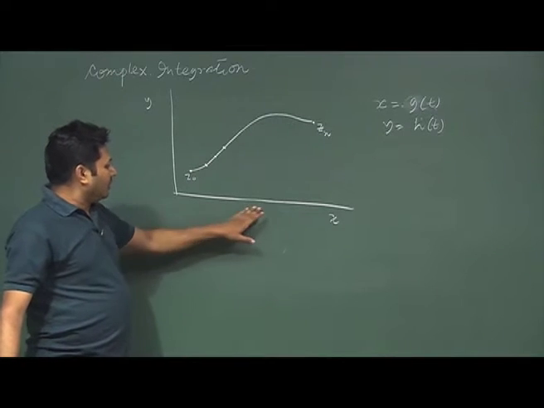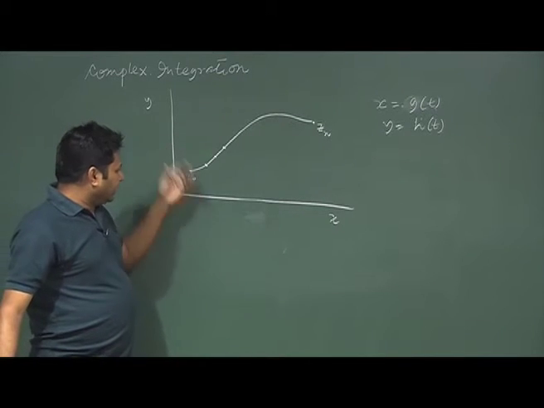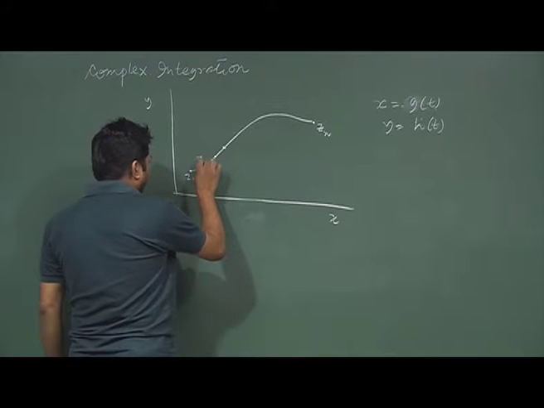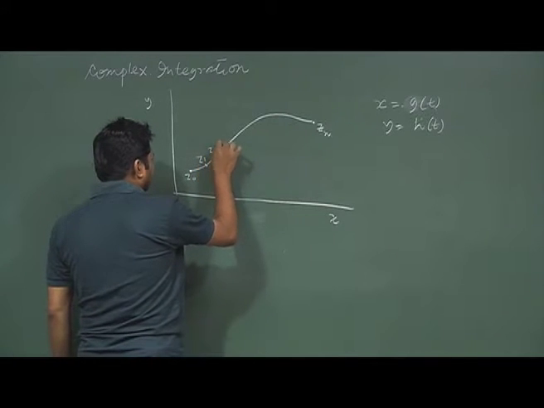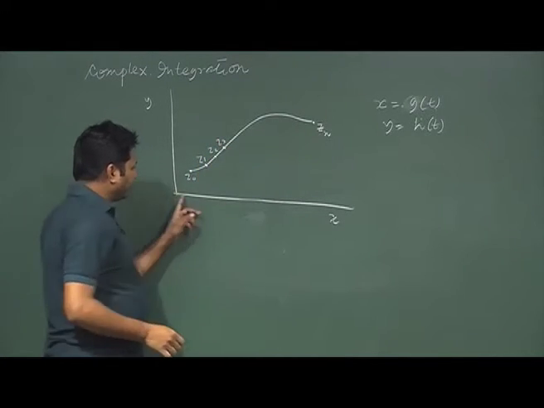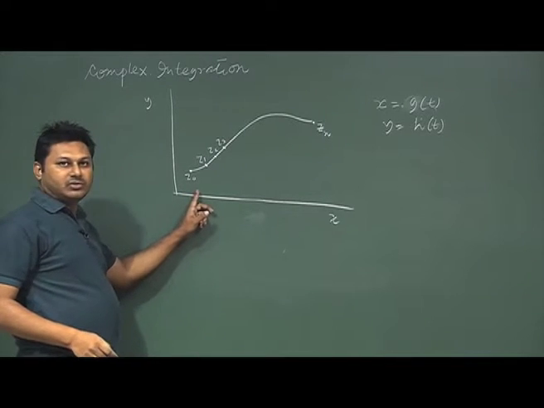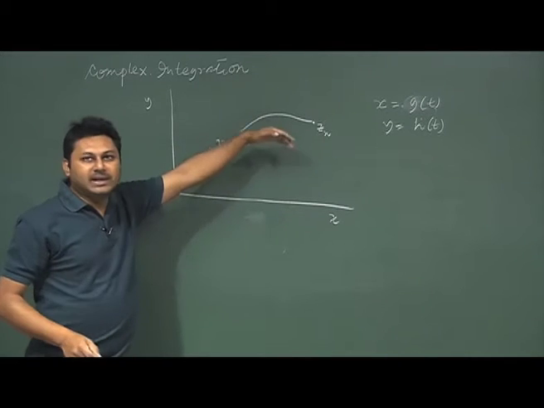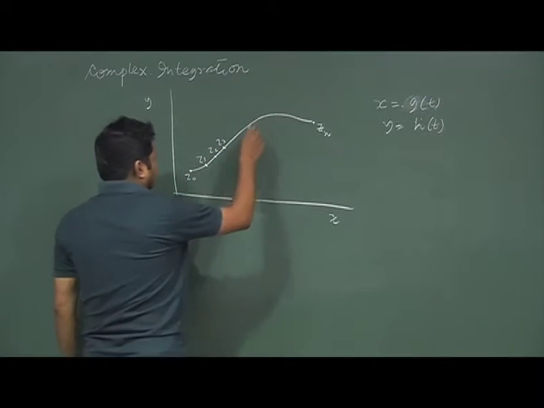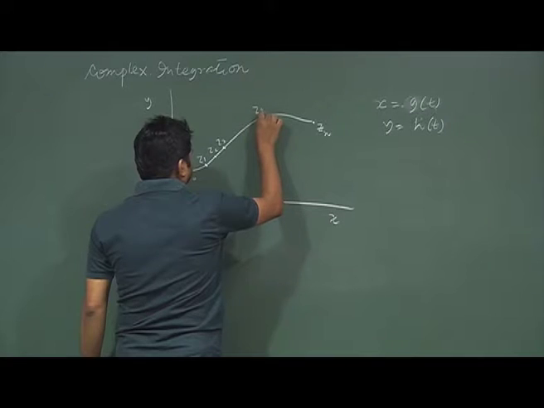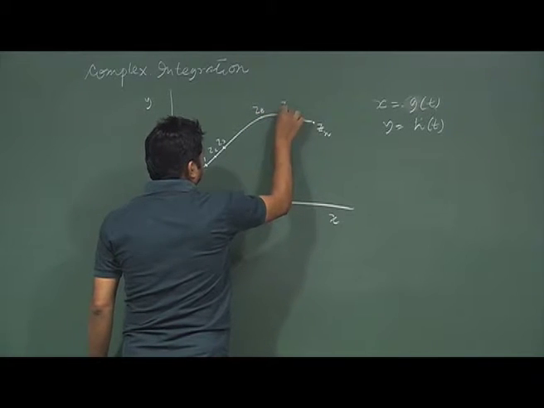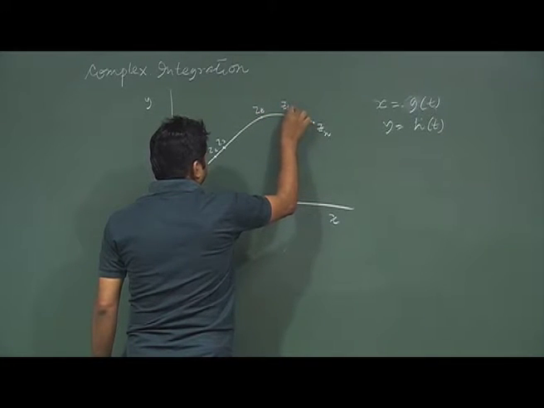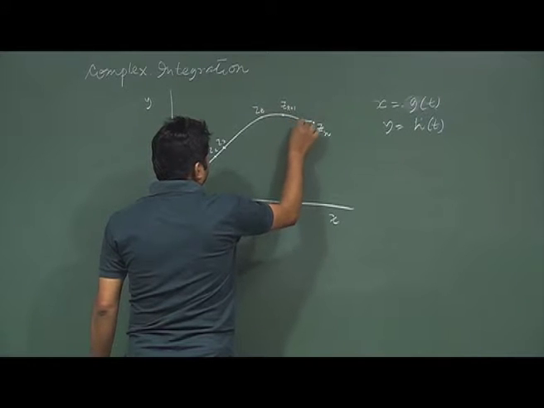But even though they are changing independently, they are giving some values z1, z2, z3, small segments of value for the small increment of x and y together, and I will have one individual value like this, which is forming a curve. Here zk, here zk plus 1 and so on to zn.